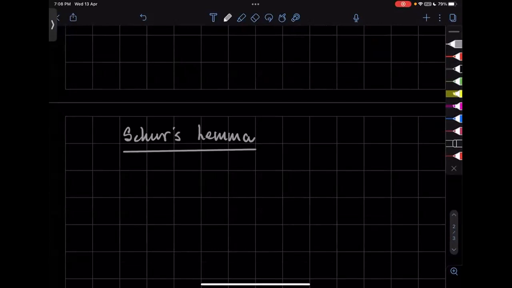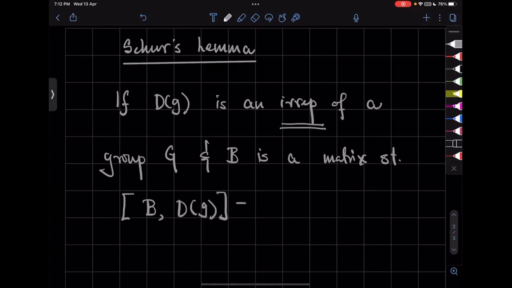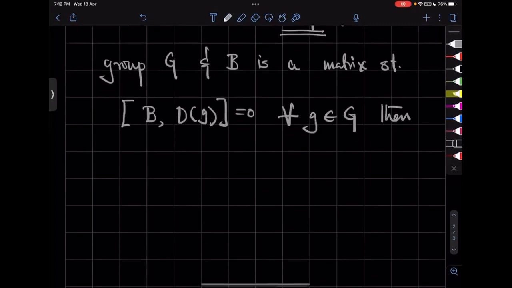Schur's Lemma says: if D of G is an irreducible representation, and that's something that you'll quite often find abbreviated as irrep, the shortcut notation for irreducible representation, which is a mouthful, of a group G, and B is a matrix such that the commutator of B and D of G is 0 for all G in the group, then we can conclude that the matrix B is proportional to the identity matrix, okay?